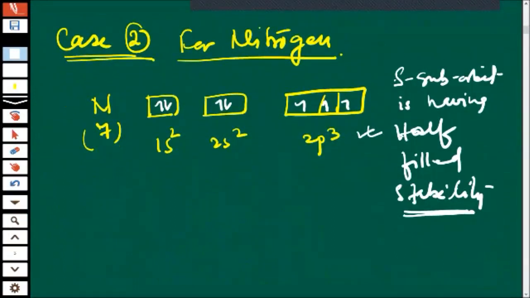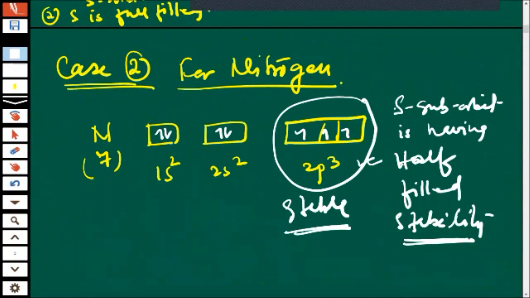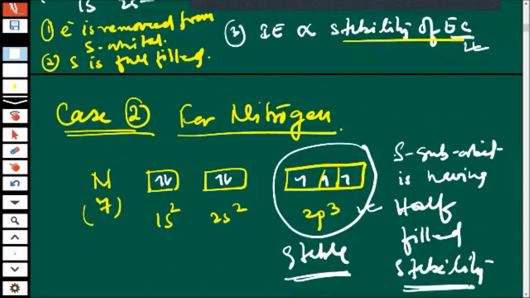Because in the case of nitrogen, the electron which is removed is from a stable P suborbit. It is stable, so it is difficult to disturb a stable situation. It will require more energy.